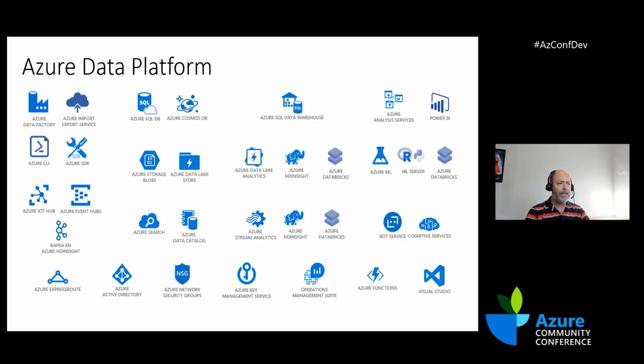So to start with, let's start with some grouping. I like to call them categories. So let's dig a little bit into what these categories might be. At the top left of the screen, you will see what I like to call the part that ingests our data into the solution that we're going to be building.